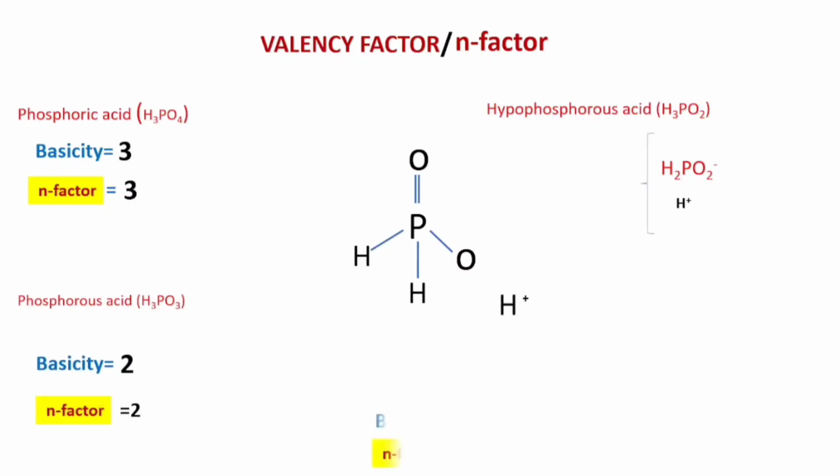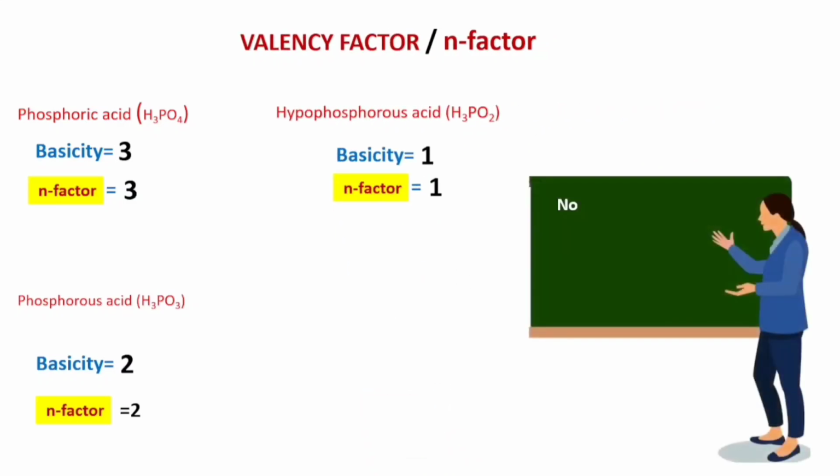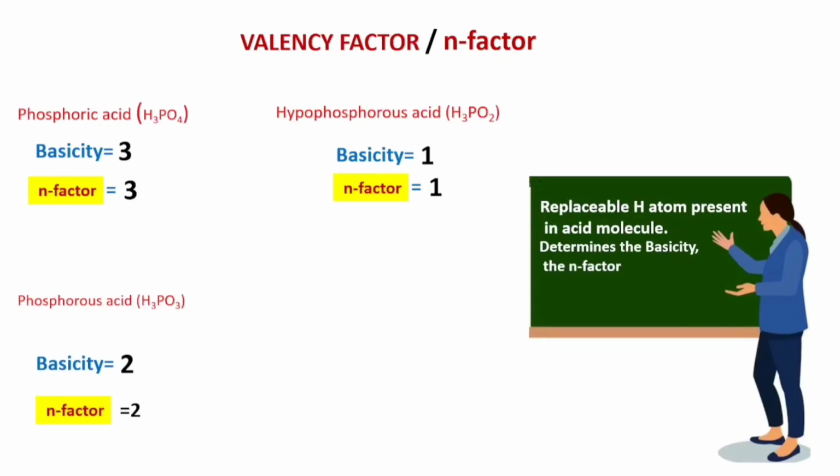So it is a monobasic acid with N factor 1. I hope it is clear to you that it is not the number of hydrogen atoms present in an acid molecule, but the number of replaceable hydrogen atoms which determines the basicity, hence the N factor.